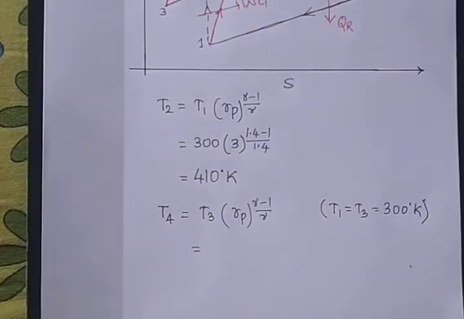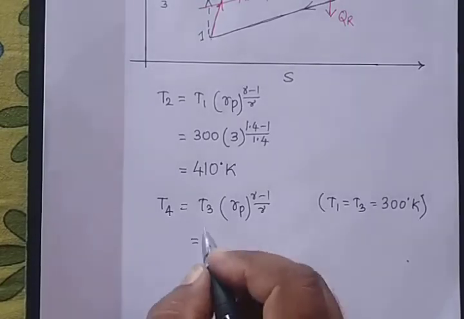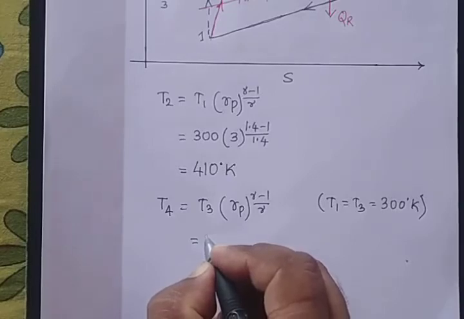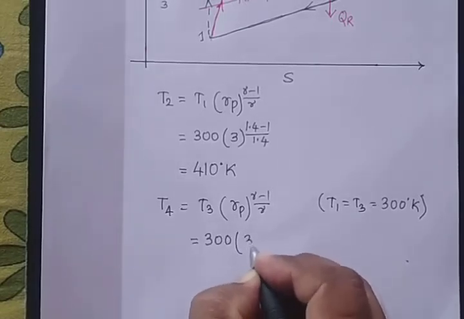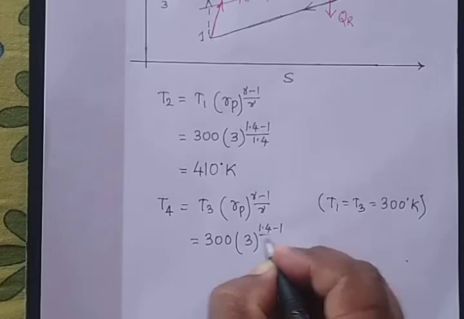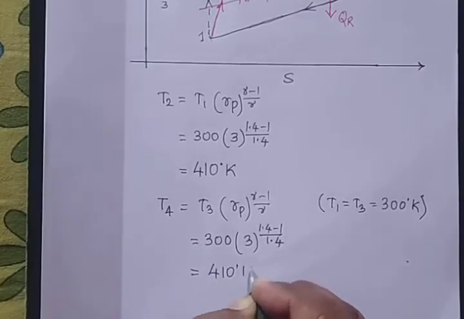This is my assumption. Then substitute the value, you will get the same answer as T4, that is 300 into bracket 3 whole raised to 1.4 minus 1 divided by 1.4, so it will be 410 Kelvin.